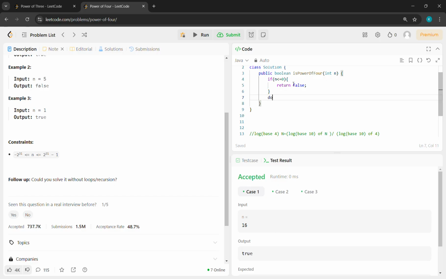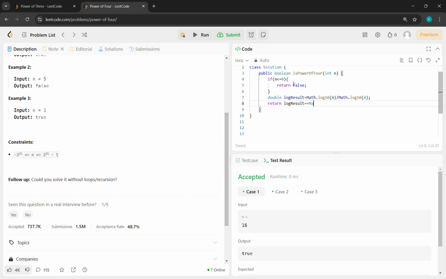Double logResult is equals to Math.log10. यहाँ पर फॉर्मूला के हिसाब से हम लोग n पास करेंगे डिवाइडेड बाय Math.log10 एंड यहाँ पर हम लोग 4 पास करेंगे एंड we are good to go. Then let's return if we are going to get the expected value or not.